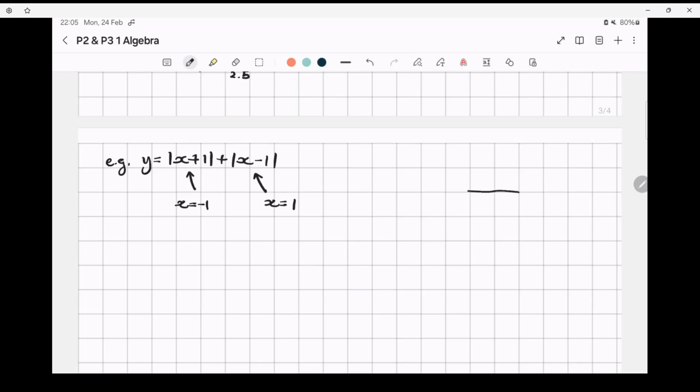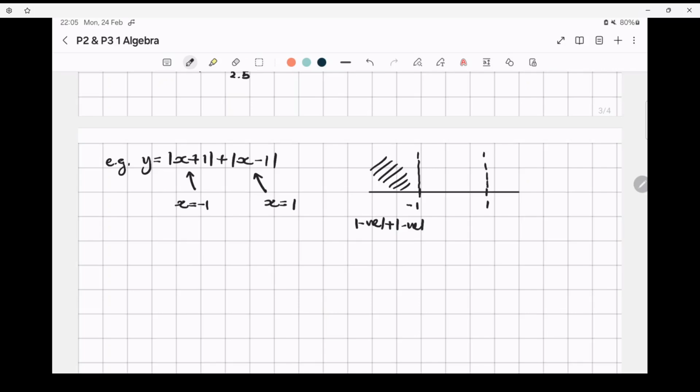So if you look at the number line, so this is minus 1, this is 1. Okay? So when your x is less than -1, both sides of the equation will be the minus part of the equation. So you have the minus part of the equation plus the minus part of the equation.